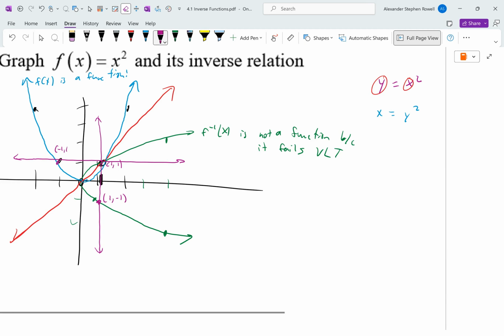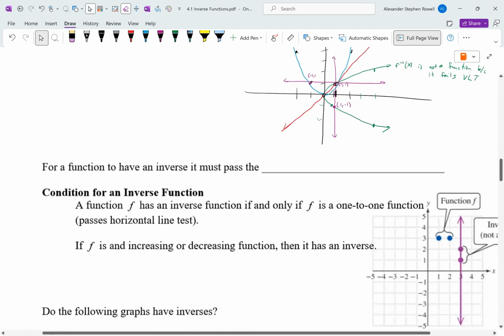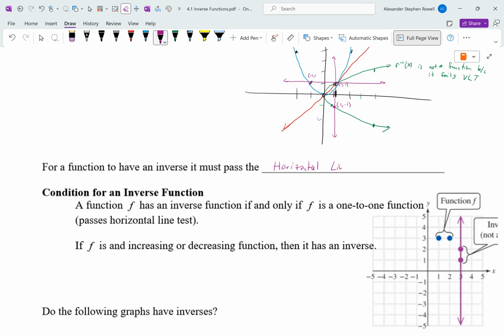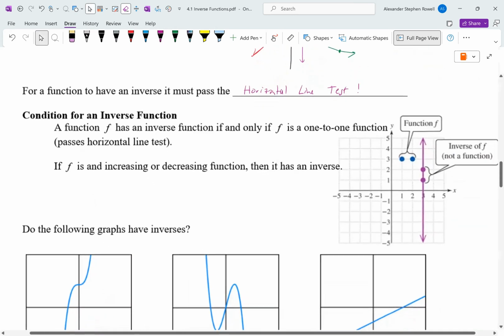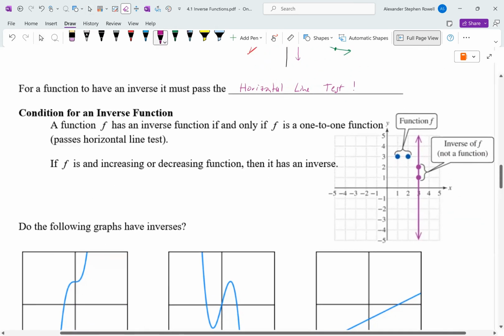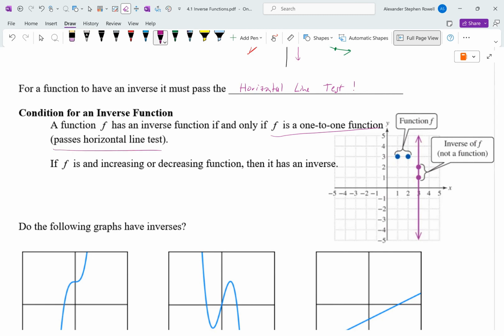Okay. With the horizontal line test, you can tell if it's a function. For a function to have an inverse, it must pass the horizontal line test. Okay, conditions for an inverse. A function f has an inverse function if and only if f is a one-to-one function, or in other words, it passes the horizontal line test.